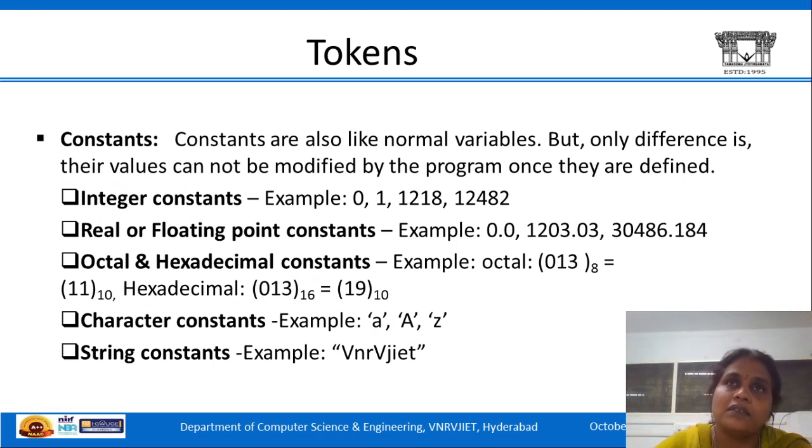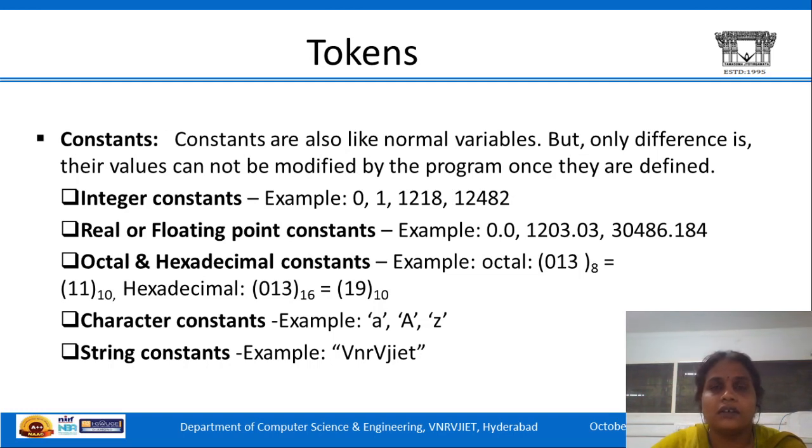And the next thing is, after keywords and identifiers, what is the next classification? Constants. Constants are also like variables. When we were discussing the identifiers, I already explained that.